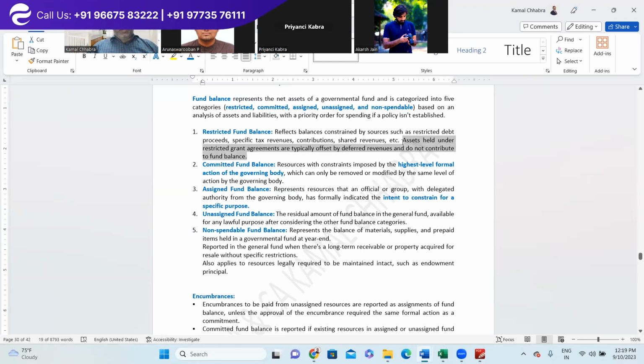Okay. So assets held under restricted grant agreement are typically offset by deferred revenue and do not contribute to the fund balance. So here what it means is when you receive any grant, let's say, to build any hospital, and for that grant, when you have received the money, at that point of time it is your deferred revenue, right?